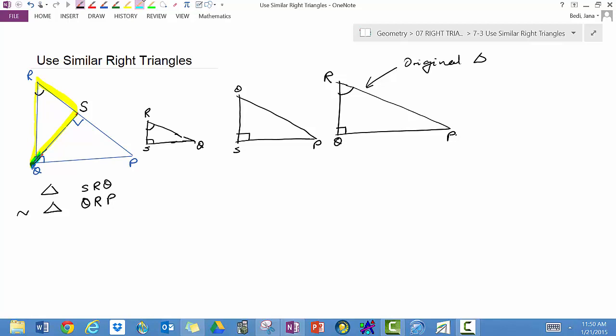Then we look at triangle Q, P, S, and angle P in the original triangle is congruent to angle P in triangle QSP.